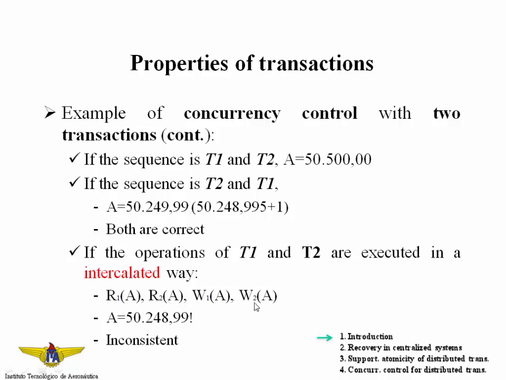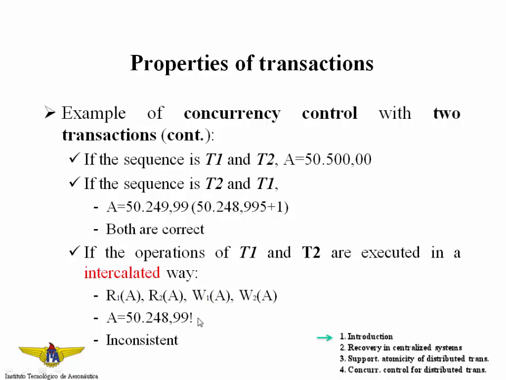Okay, that's not 50,000 but 49,999 reais. So in this case, you're going to have this result for the balance. So this is inconsistent because this value you cannot get from the sequence T1 and T2 nor T2 and T1.